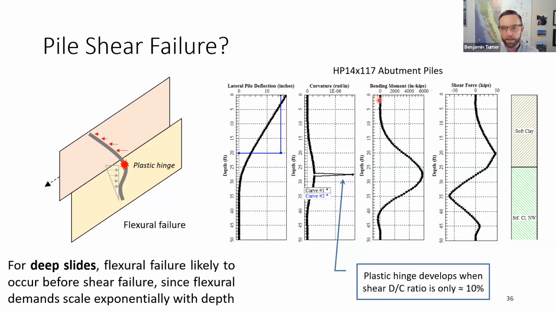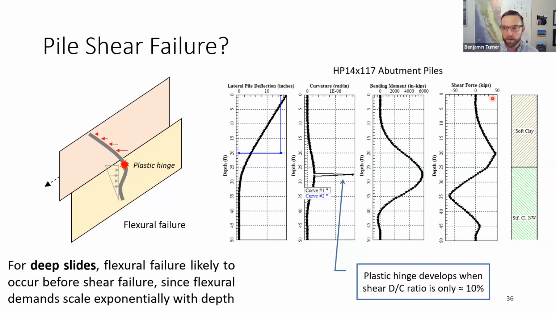When we look at the moment graph, the peak moment is near about 6,000 kip-feet, which is equal to the moment resistance of the HP 14x117 steel pile that we're analyzing here. When we look at the shear force plot, the shear force that we're interested in for the purposes of our slope stability analysis would be the mobilized shear at the depth of sliding.